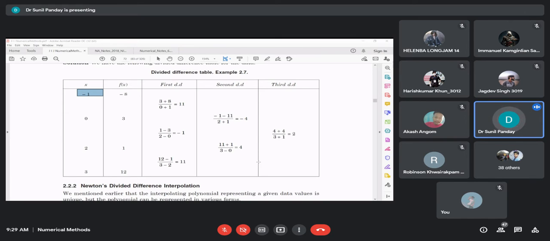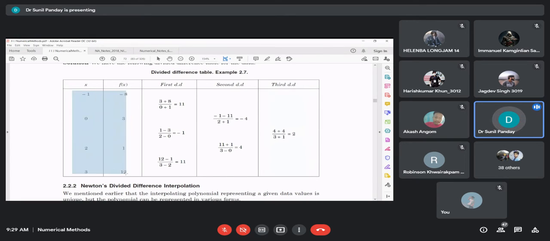There is a theorem I will prove later. If you have n plus 1 data points, here n is 3, because it is a 4 point data set. So n is 3. It means your third order divided difference can be non-zero, but fourth and higher order divided differences are always 0.